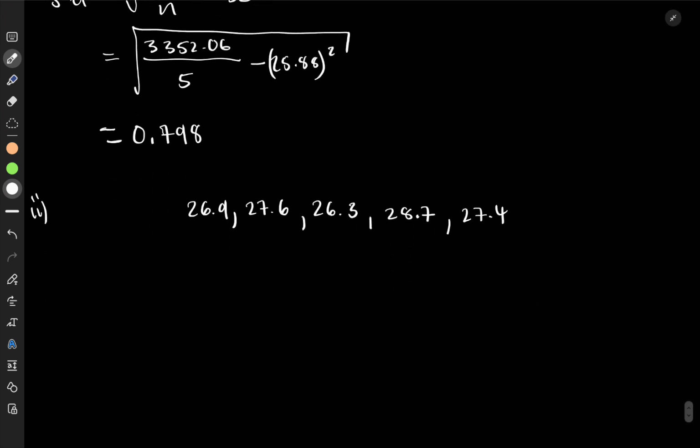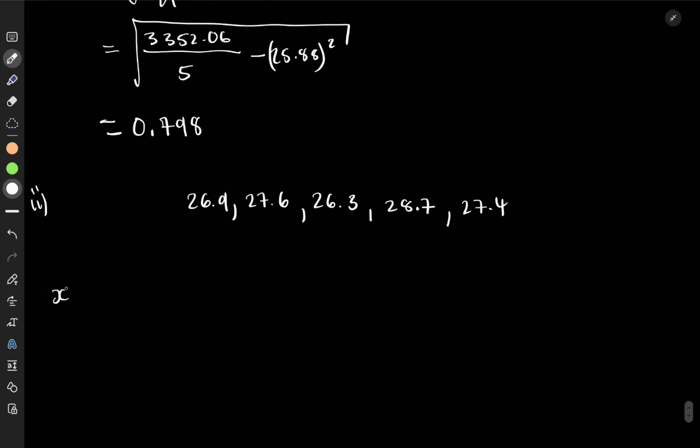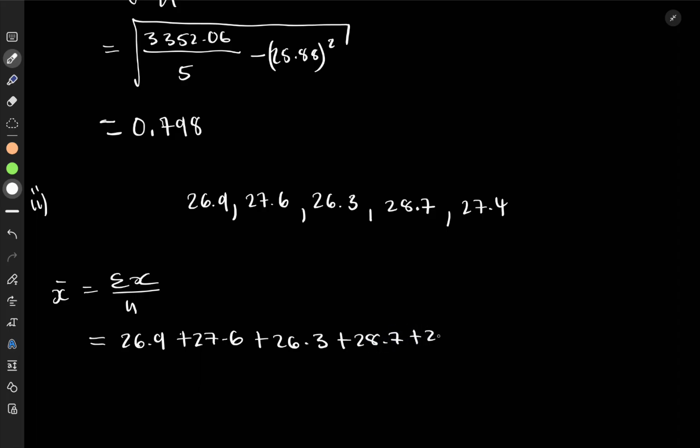These are our values. Now we can get the mean again. x bar is the summation of x over the number of terms, which becomes 26.9 plus 27.6 plus 26.3 plus 28.7 plus 27.4, all divided by 5.